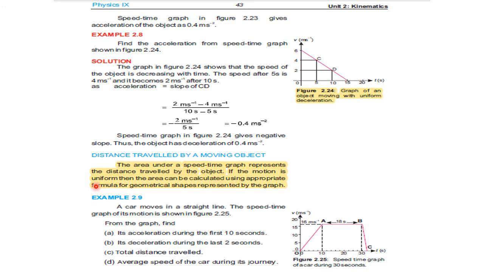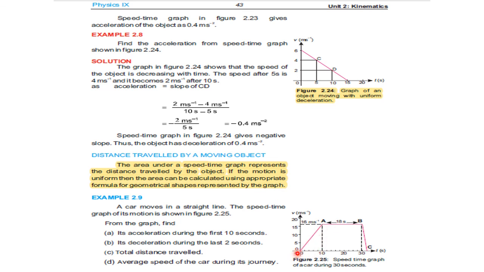If the motion is uniform, then area can be calculated by using the appropriate formula for geometrical shapes represented by the graph. This is a very important point: when the body is moving uniformly from point O to A, then we can easily find the area under this graph, because when you join point A to the horizontal line, it will give you a triangle.